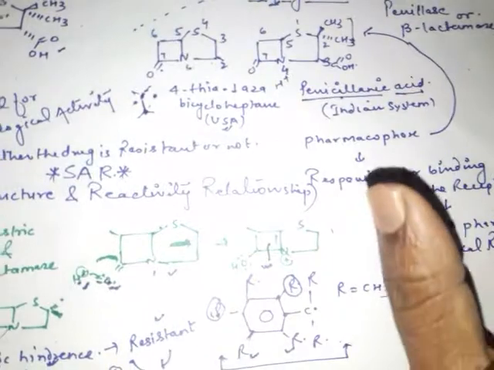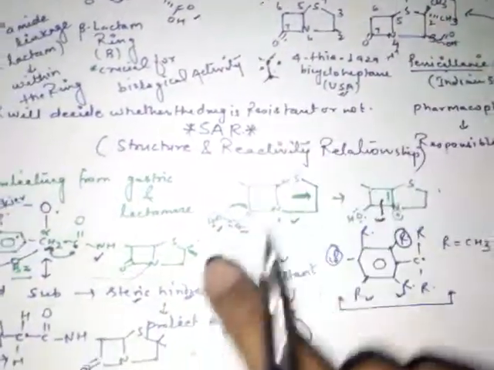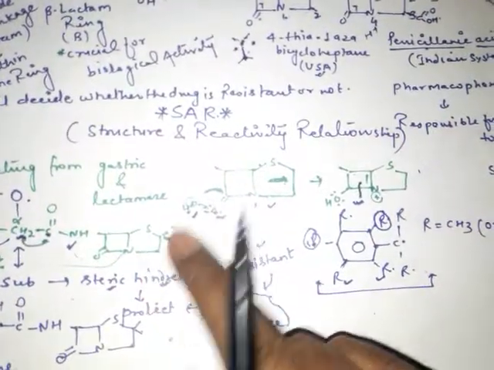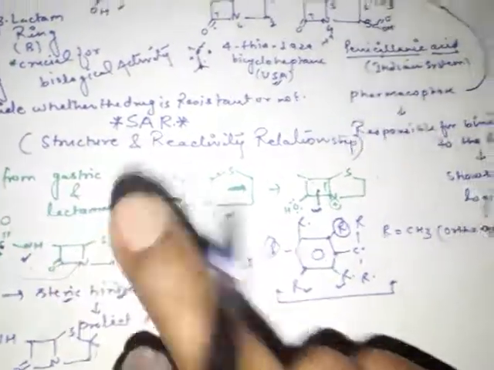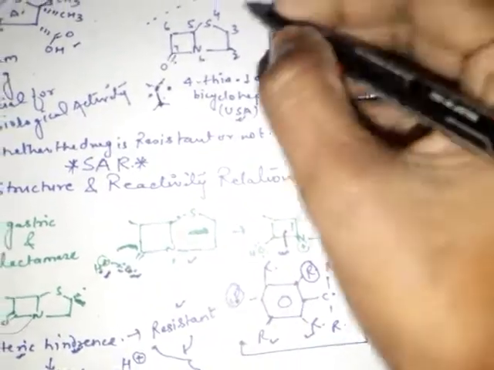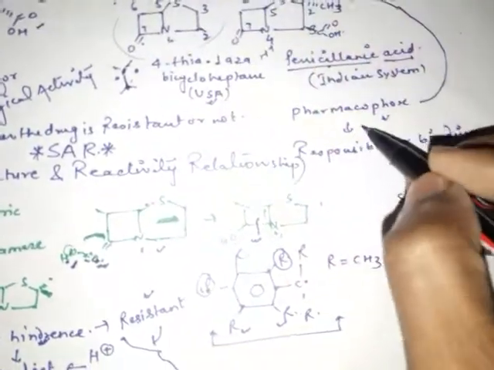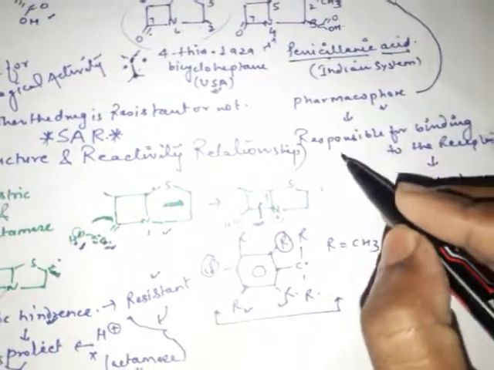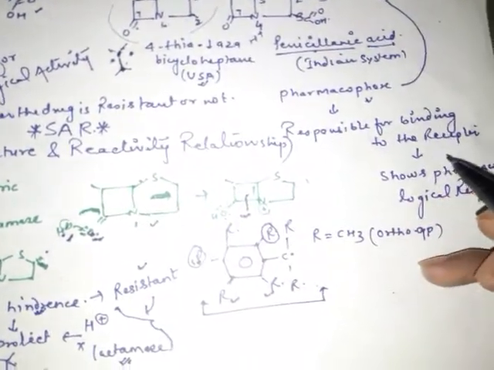The third point is that I have discussed the structure, IUPAC nomenclature, this core moiety, and one more thing: the pharmacophore. In penicillin, this moiety acts as a pharmacophoric moiety. Pharmacophoric moiety means it is responsible for binding to the receptor sites.